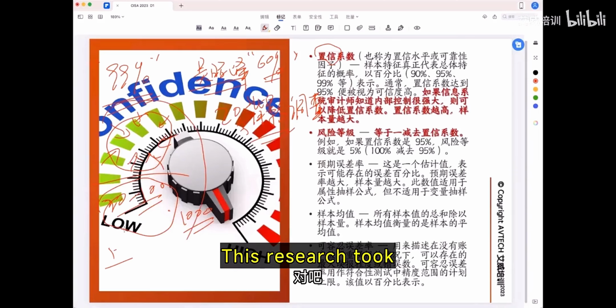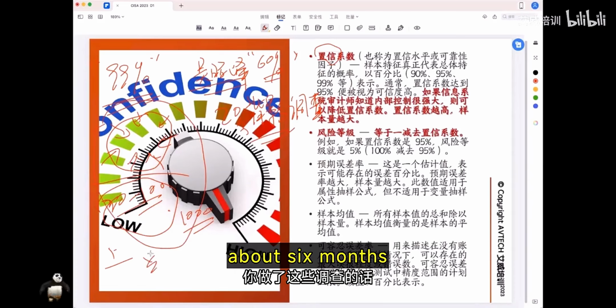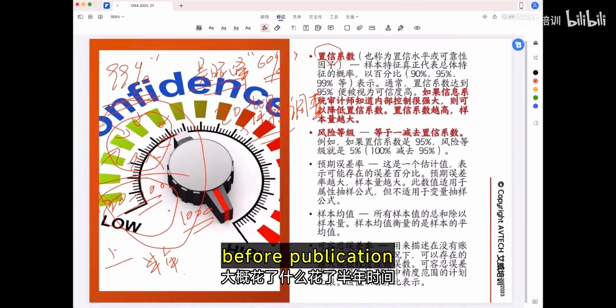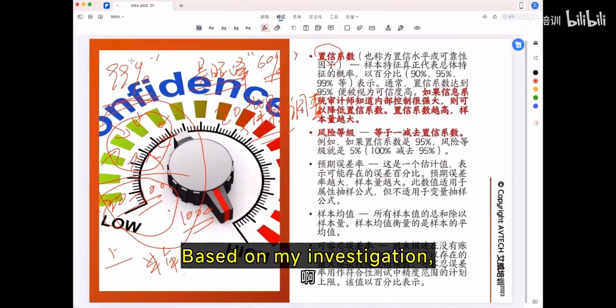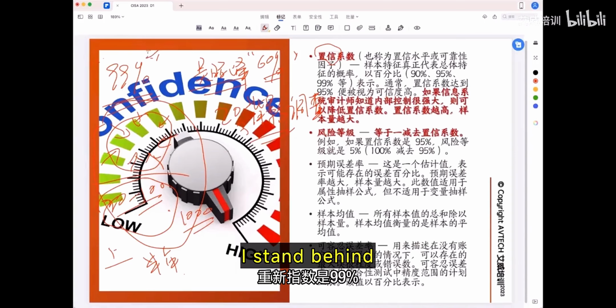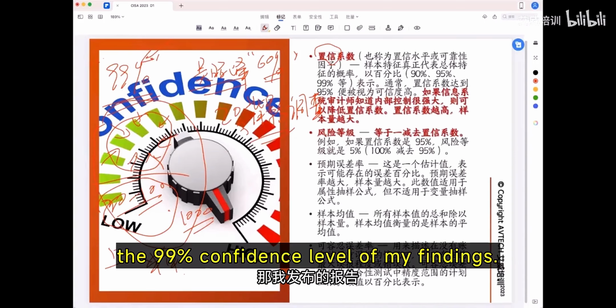This research took about 6 months. Before publication, based on my investigation, Wu Shaofan's confidence level is 99%. In my report, I stand behind the 99% confidence level of my findings.